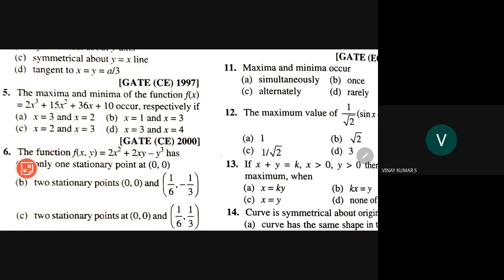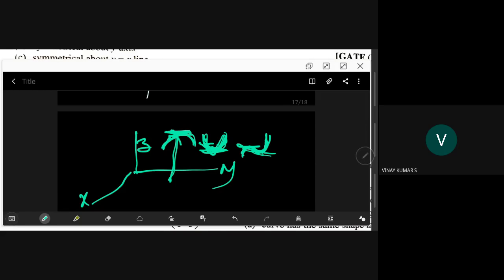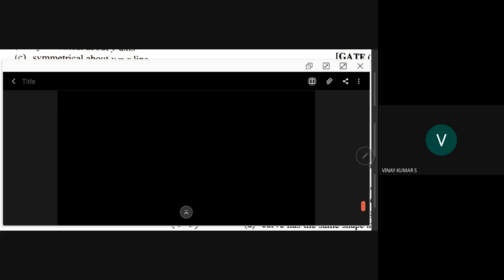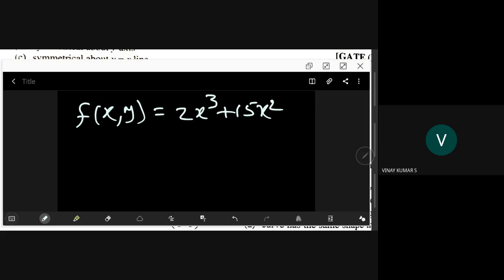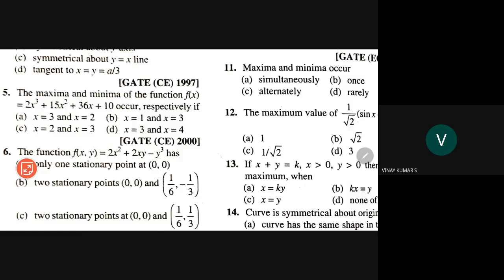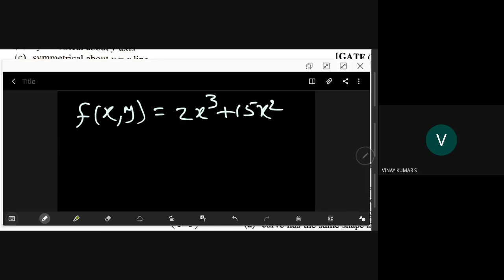Maxima and minima. Yes. So f of xy is equal to 2x cube plus 15x square plus 36x plus 10.